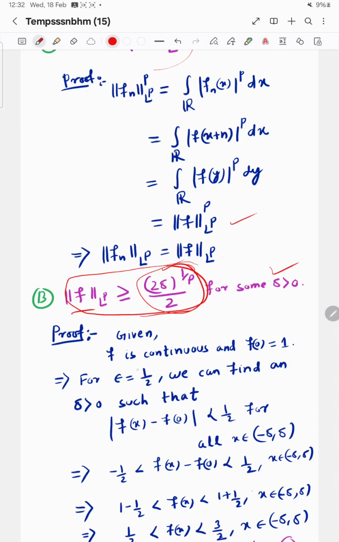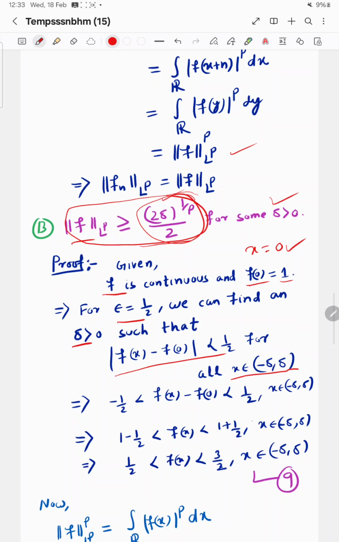Given that our function f is continuous and f(0) is equal to 1. Since f is continuous on the whole domain, in particular it is continuous at x equal to 0. Now we apply the definition of continuity at the point x equal to 0, taking epsilon equal to half. Then we can find a delta greater than 0 so that this relation is true for every x in this open interval.